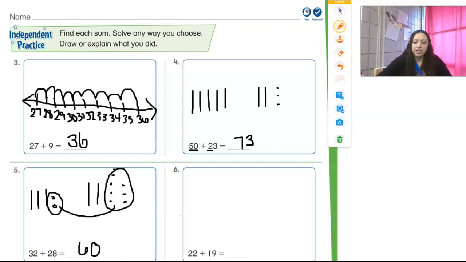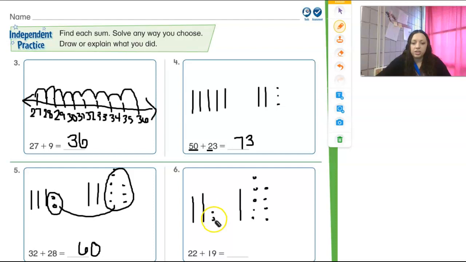Okay. All right, 22 plus 19. Let's try to make those 10s again, okay? So 22 is how many 10s? 1, 2. How many ones? 2. So 1, 2. And then 19 is how many 10s? 1, 10. And then how many ones? 1, 2, 3, 4, 5, 6, 7, 8, 9.